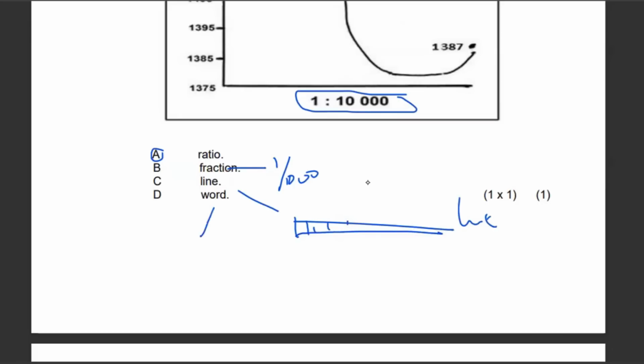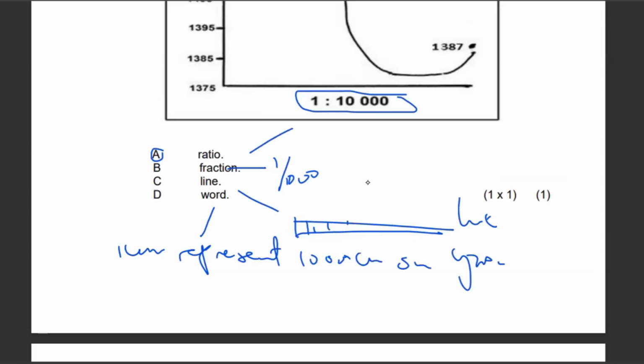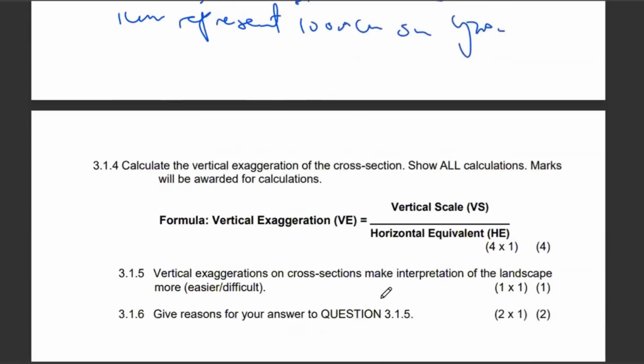Then a word scale is presented in words: 1 centimeter on the map represents 10,000 centimeters on the ground. So this one is a ratio. When figures are expressed one is to the other, that is a ratio scale.